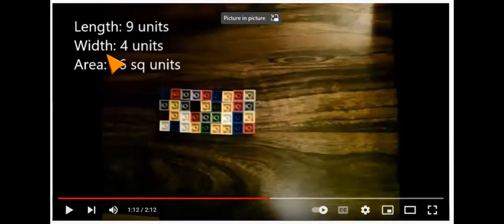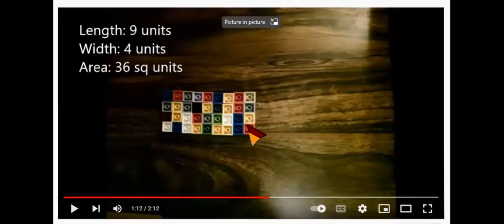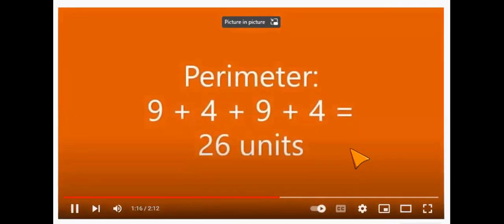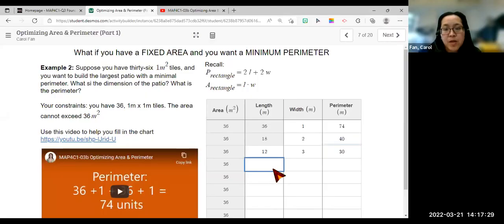We can put it into 4 rows now. We have 4 rows of 9. Our length is 9, width is 4. Perimeter, 9 times 2 is 18, plus 2 times 4 is 26.